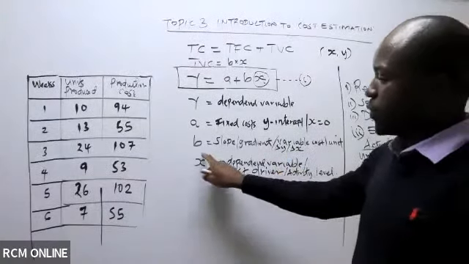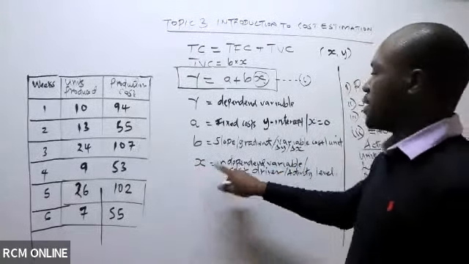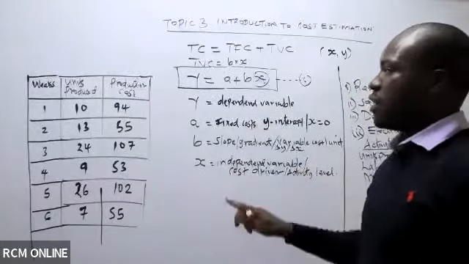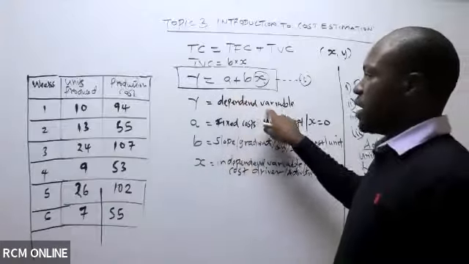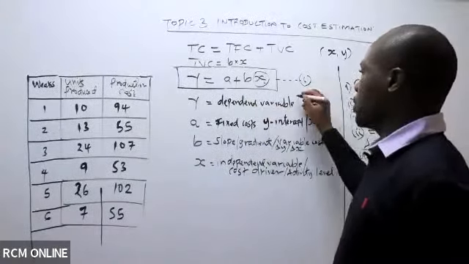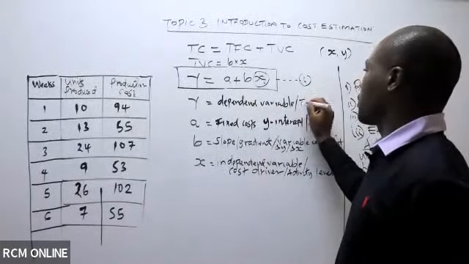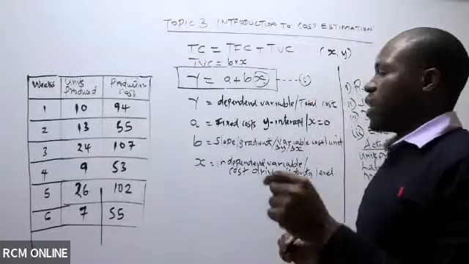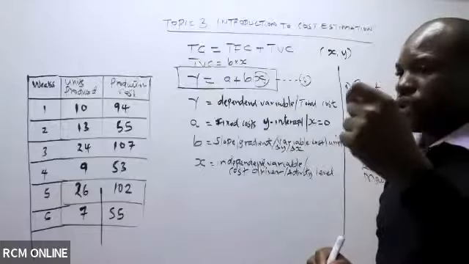Now that we have been able to see that X is the independent variable, it does not depend on anything, but Y is the dependent variable, or total cost.